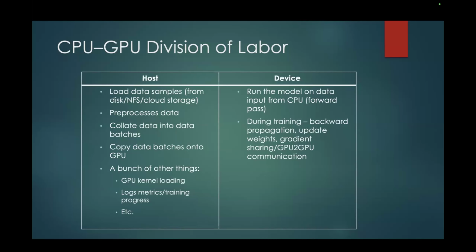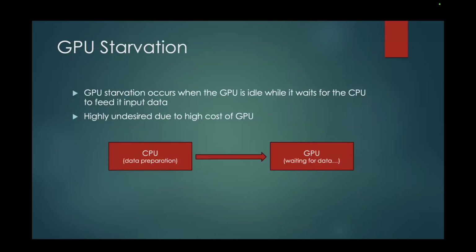It also does a bunch of other things, such as GPU kernel loading and logging metrics or training progress, while the GPU, the device, runs the model on the data input from the CPU, also known as the forward pass, and during training does additional activities such as backward propagation, updating the weights, gradient sharing, GPU to GPU communication, etc. In particular, the input data pipeline runs on the CPU.